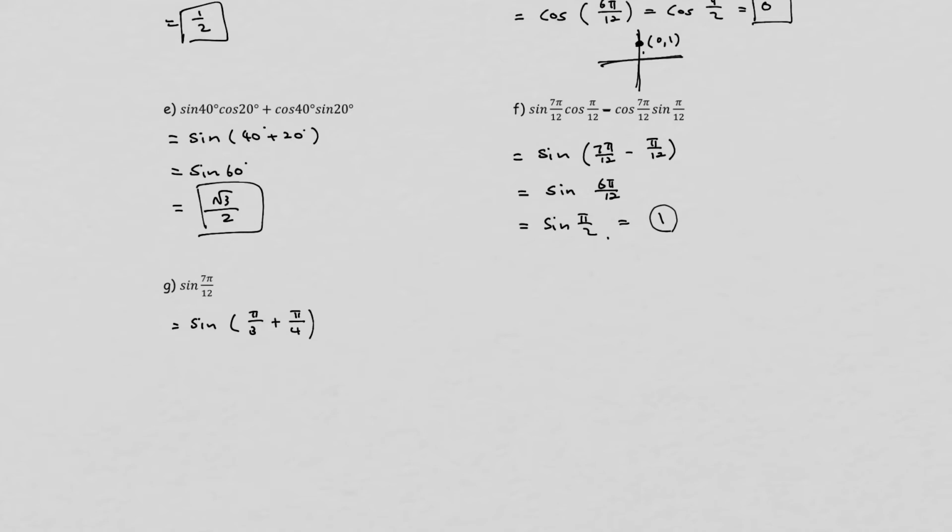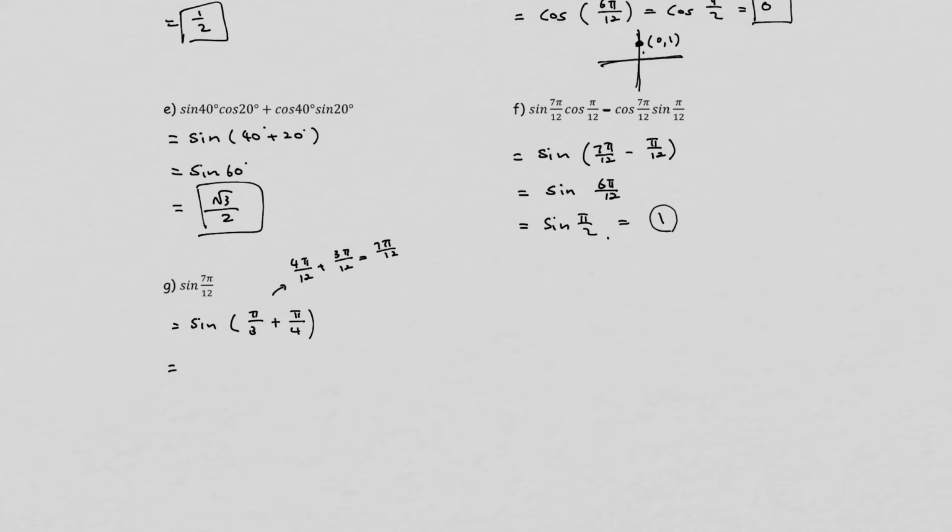Let's try that on the side. In order to make the same denominator, that will be 4 pi over 12 plus 3 pi over 12, which is 7 pi over 12. That's how I know that's going to be the same thing, right?